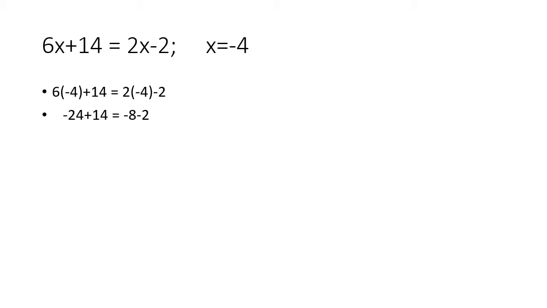So multiply 6 and negative 4 together to get negative 24 plus 14. And you multiply 2 times negative 4 to get negative 8 minus 2. You combine the left side terms, negative 24 plus 14 is negative 10, and you combine the right side of the equal sign, negative 8 and negative 2 is negative 10.